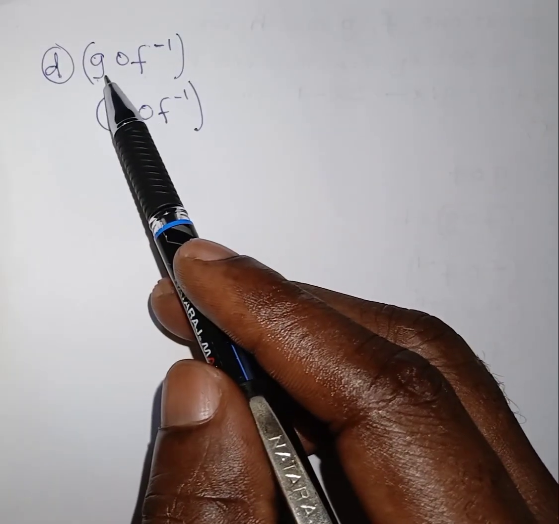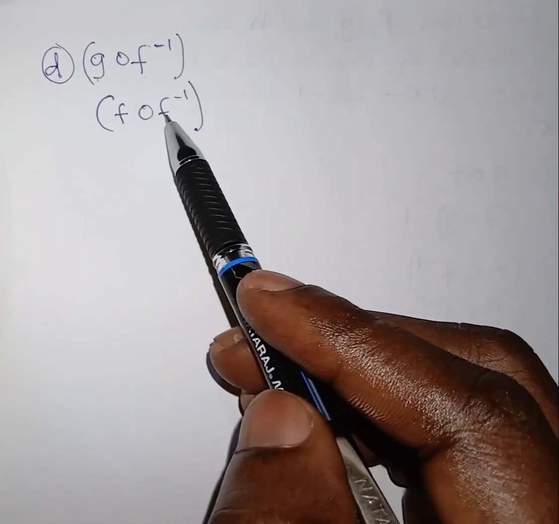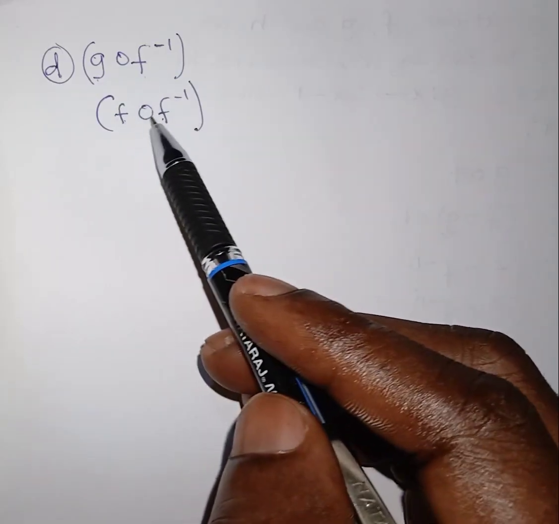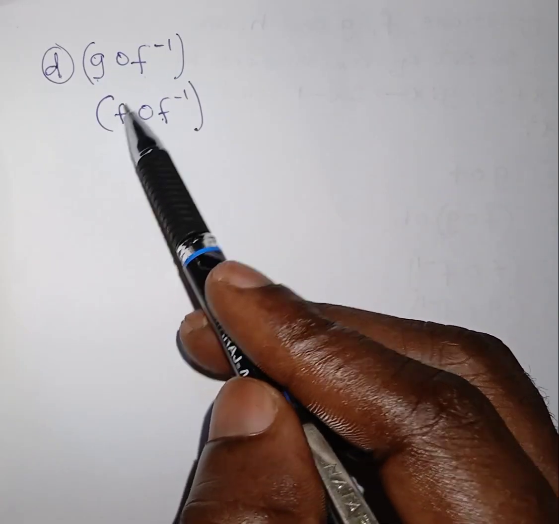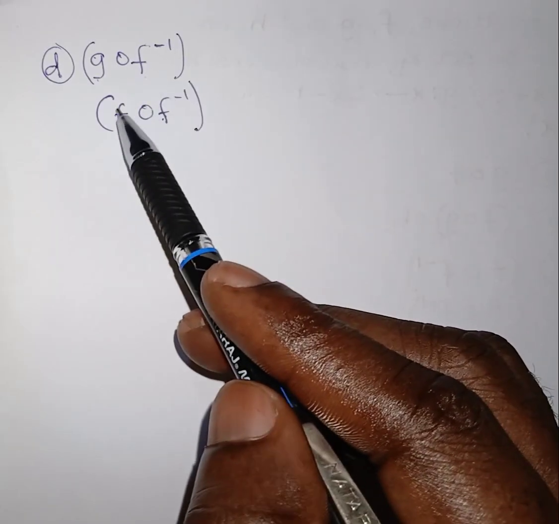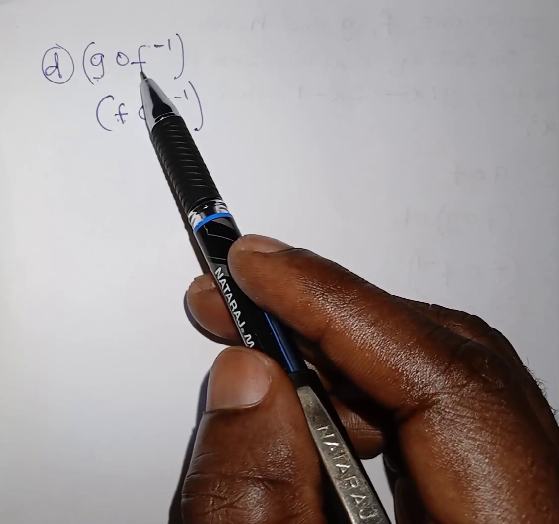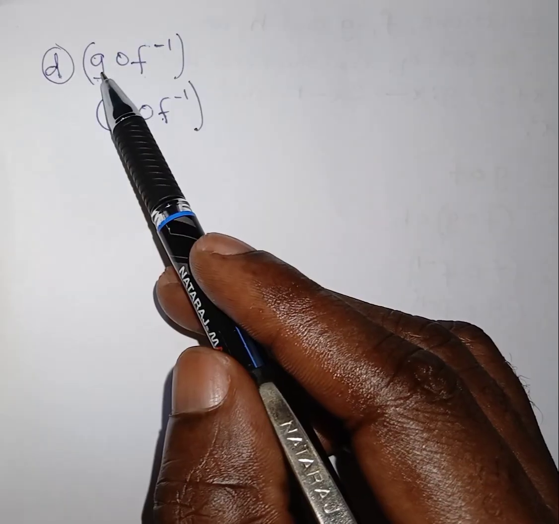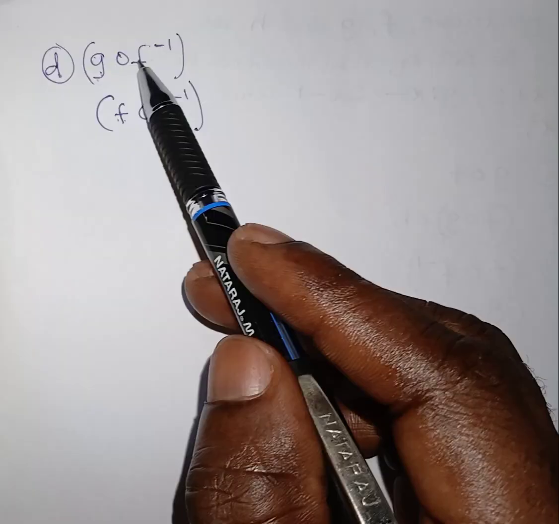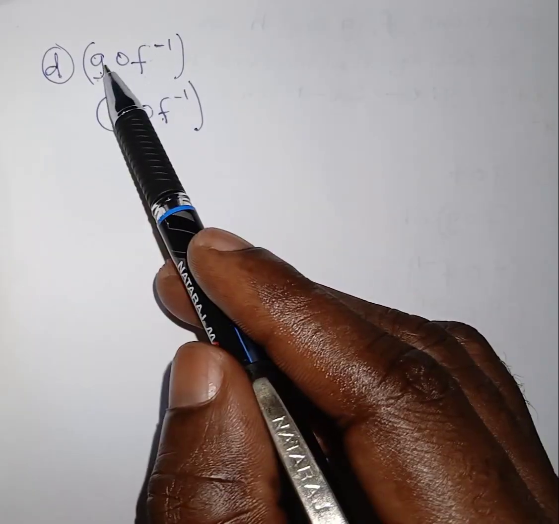They are different functions. But looking at the C part, it is a function and its inverse. So whatever position you do, whether you put f into f inverse, or you put f inverse into f, you are going to get the same thing. But in the case of this, you cannot say that when you put g into the inverse of f, you are going to get the same as when you put the inverse of f into g. No. So you need to work it as it is.